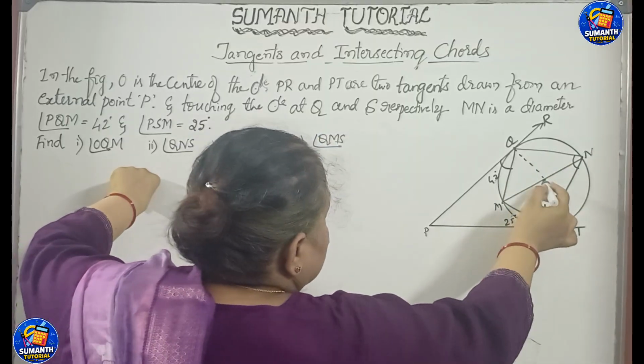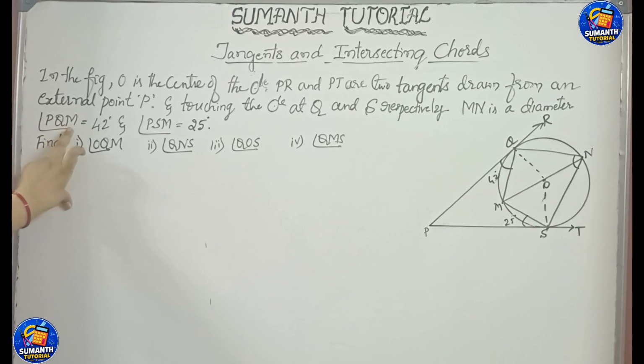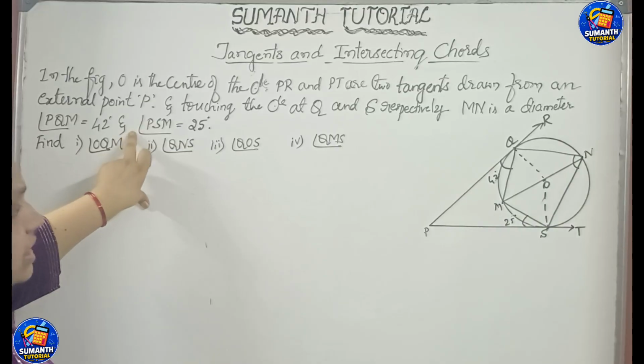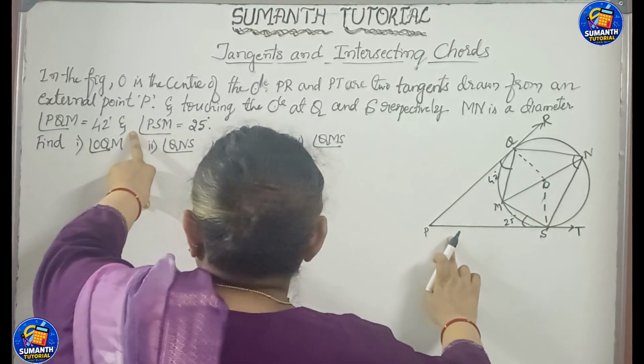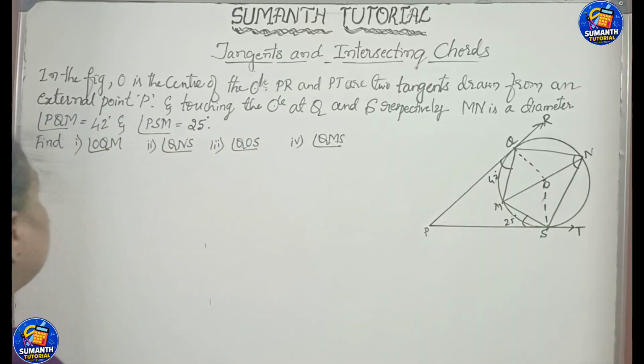MN is a diameter, given. So now angle PQM is given as 42 degrees. Angle PSM is given as 25 degrees.